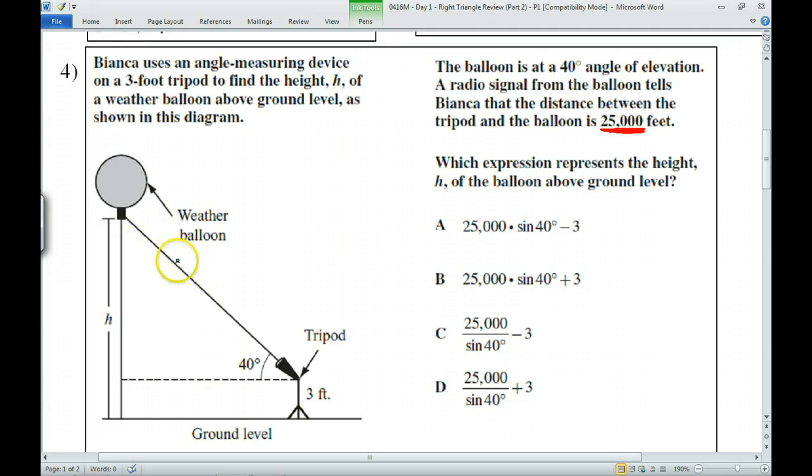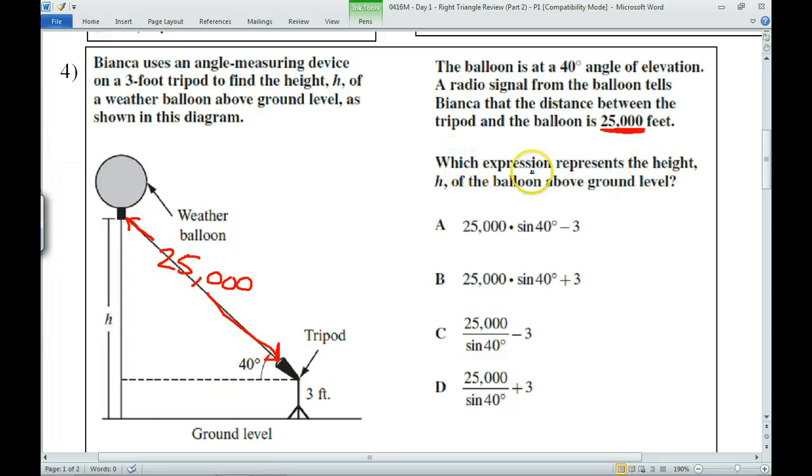Well, I'm hoping you're seeing that the 25,000 is the distance along the hypotenuse. The problem says it's the distance between the tripod and the balloon. Here's the tripod, here's the balloon. So 25,000 is this direct distance from one to the other. Okay, so we know the hypotenuse.